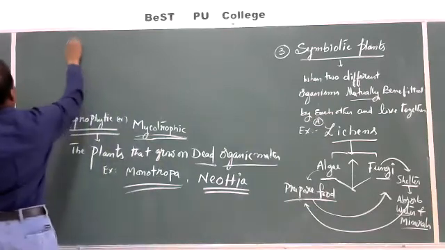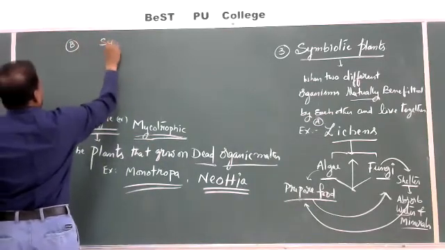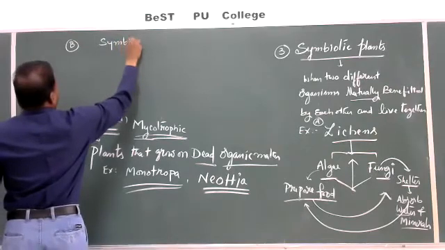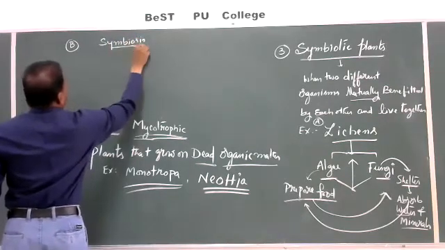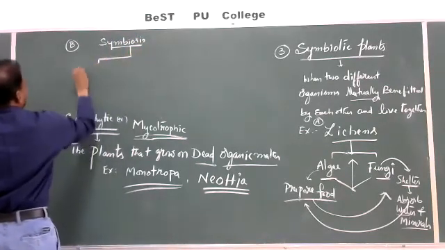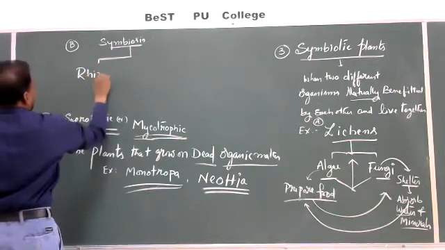Second example, symbiotic association between Rhizobium bacteria.